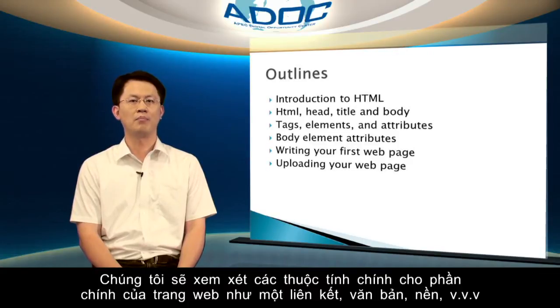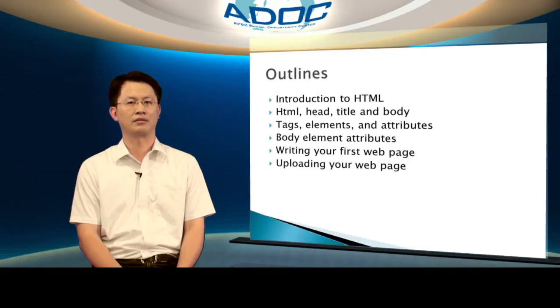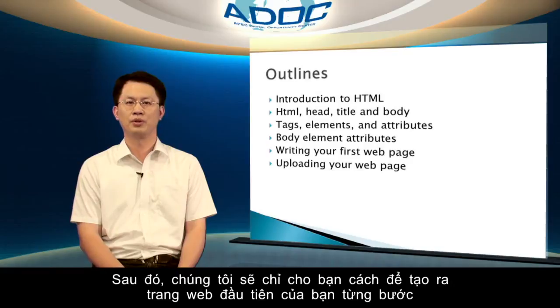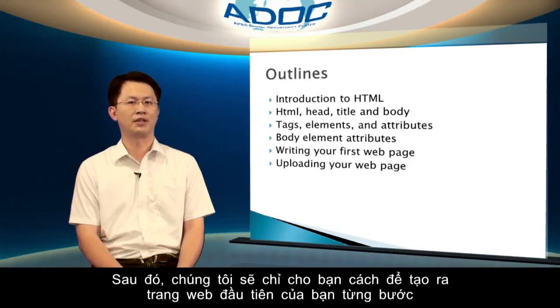We will look at the main attributes for the body elements, such as a link, text, background, etc. Then we will show you how to create your first web page step by step.